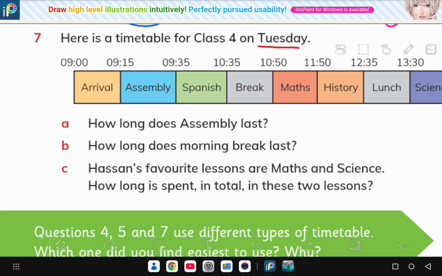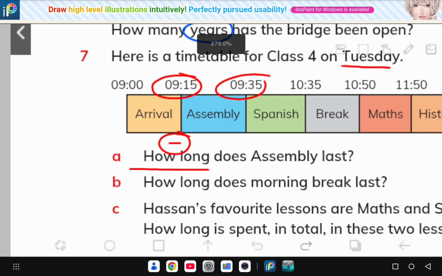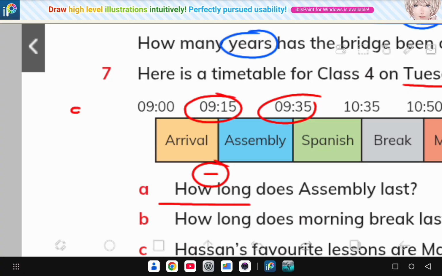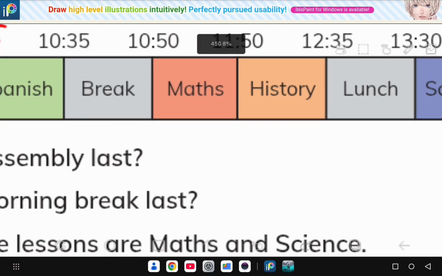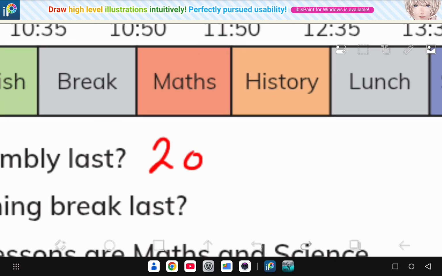A says, how long does the assembly last? When I have how long, I subtract. It starts from 9:15 to 9:35. I just need to subtract them. 9:35 minus 9:15. 5 minus 5, 0. 3 minus 1, 2. 9 minus 9, 0. How many minutes? 20 minutes.